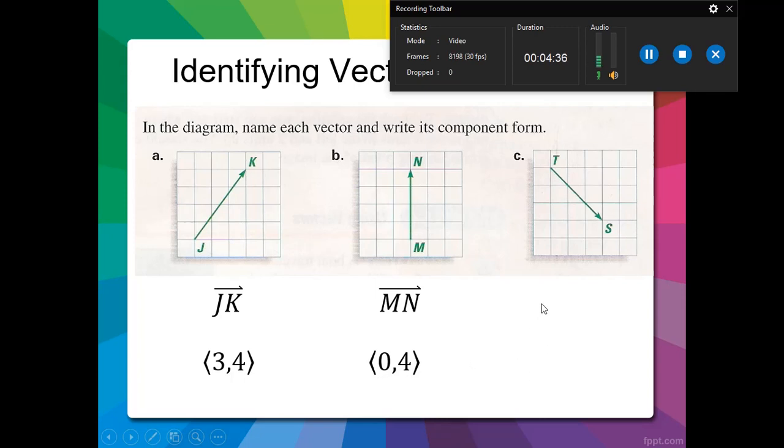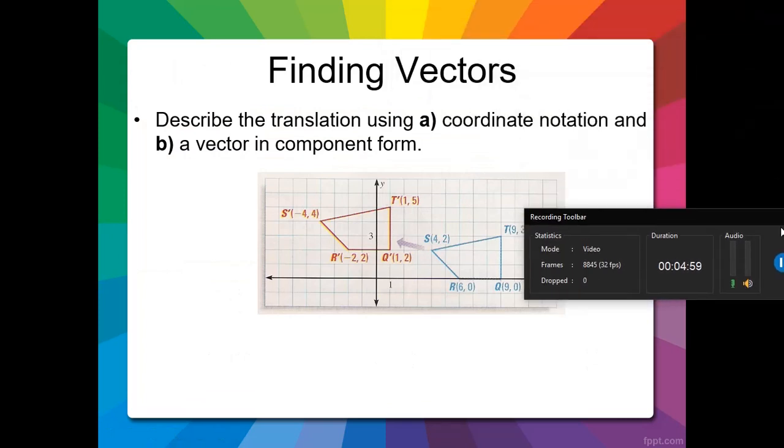In the last example C, we're starting at T, traveling towards S. So the vector's name is vector TS. And then the movement. First, we want to go 3 units right, and then we want to go 3 units down. So 3 right is positive, but 3 down is negative.